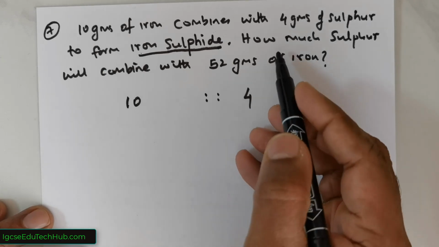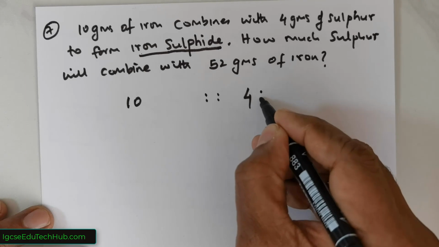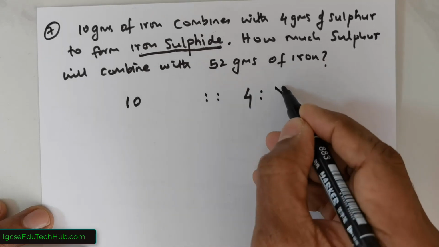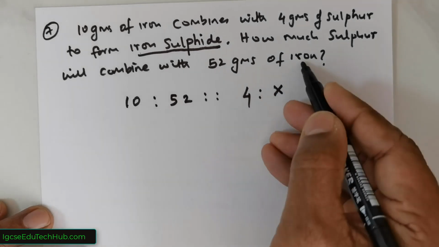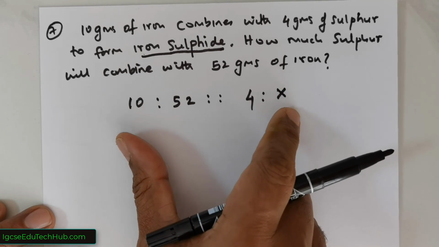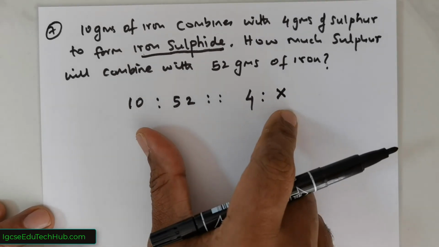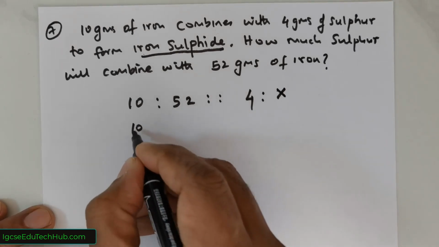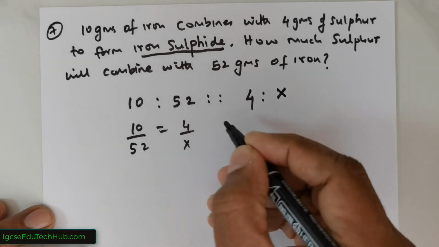Having mentioned that, now they are asking us how much sulfur will combine. So we need to know this x will combine with 52 grams of iron. So this is the equation that we need to utilize. Now I have represented it in ratio form. This can be rewritten as 10 divided by 52 is equal to 4 over x.